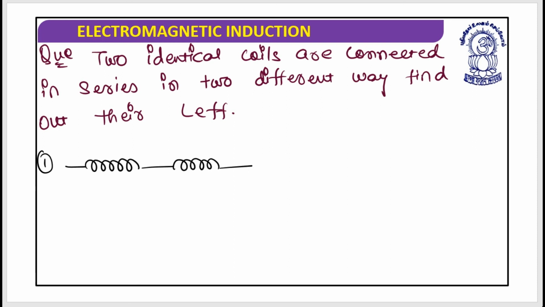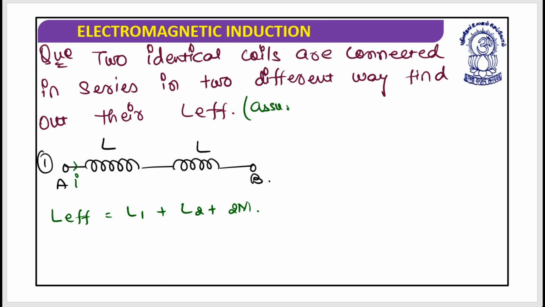This is A, this is B, this is L, this is L. The L effective, with current passing through, is L1 plus L2 plus 2M. Assume that K is equal to 1.